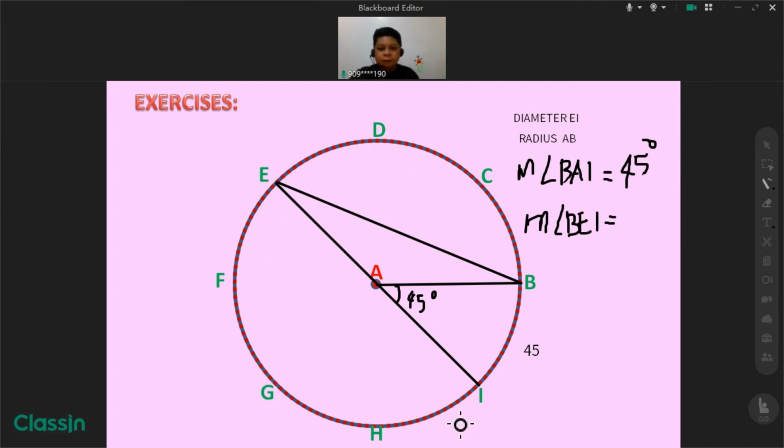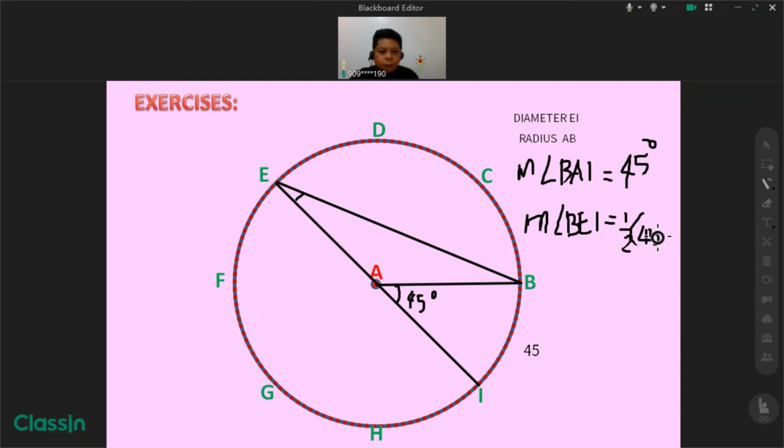Okay, so angle BEI is an inscribed angle, and the measure of an inscribed angle is one half of its intercepted arc. The intercepted arc is arc BI. So the measure of angle BEI is one half of 45 degrees.